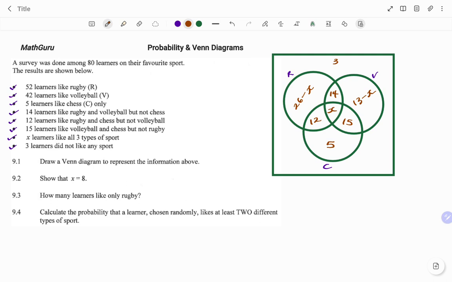So with the first set of information given, I've been able to draw a Venn diagram to represent the information above. The second question says, show that x equals to 8. We've been told that the sample space is 80 because we have 80 learners.